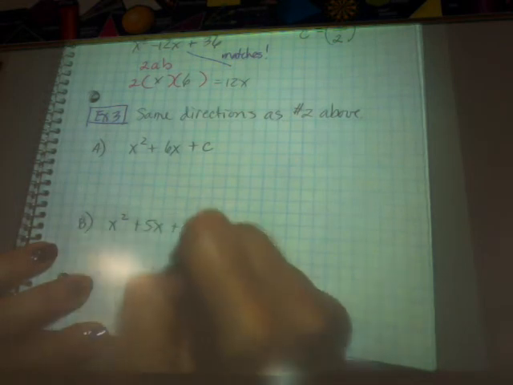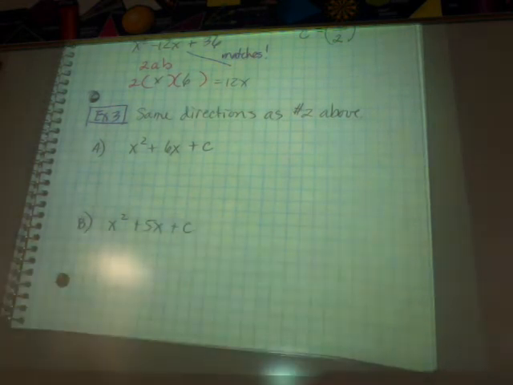And I might add that finding c this way using b over 2 squared only works when the coefficient in front of the squared term is 1. Sometimes you might get an ugly fraction, but you're still going to have a completed square.